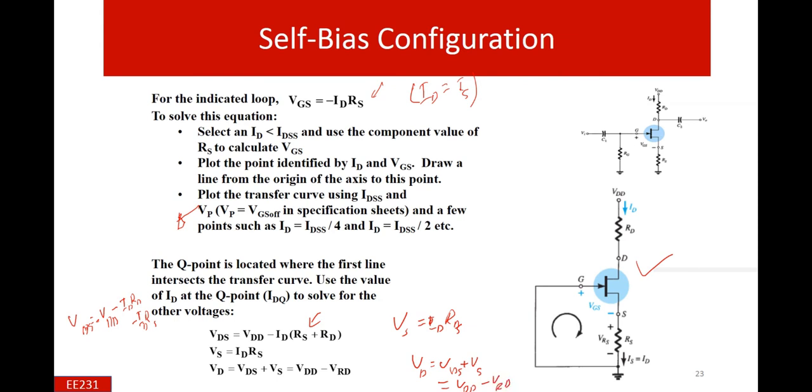So these are the important relations we will use to understand the concepts and find the Q points, by using the graphical method if the circuit is given, and also by using the mathematical relations.